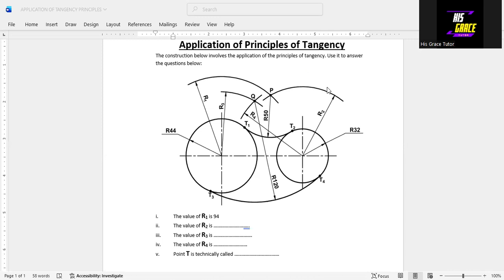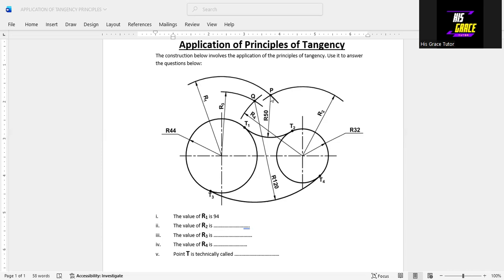What we are to do to get the value of radius R1, so that we can draw this arc, when it comes to the application of the principles of tangency, is this: to draw this particular arc that touches these two circles as we see it here, whose radius is 50 millimeters, we need to look for the point of intersection of the arc of radius R1 and the arc of radius R2.